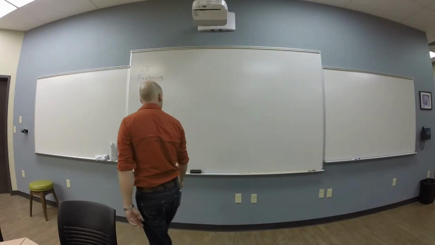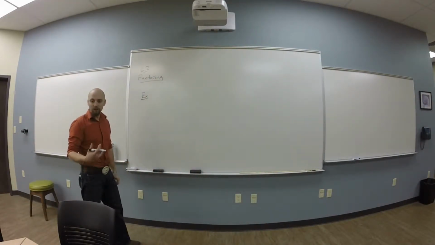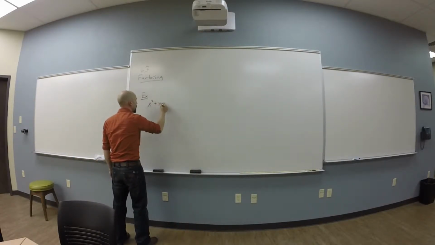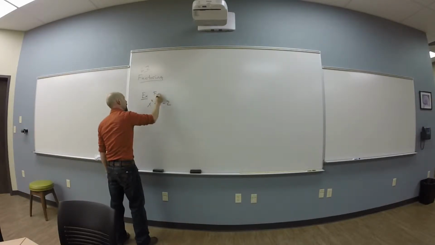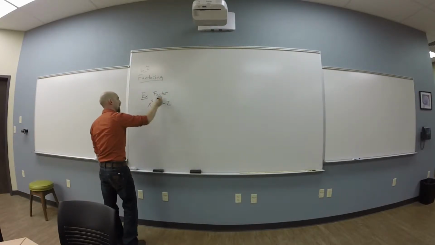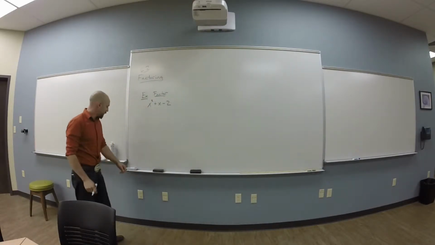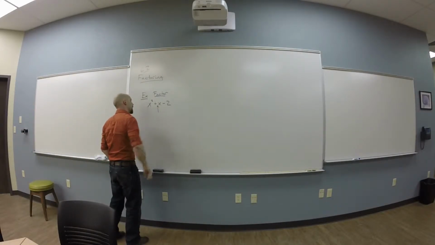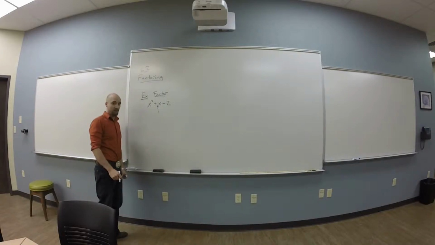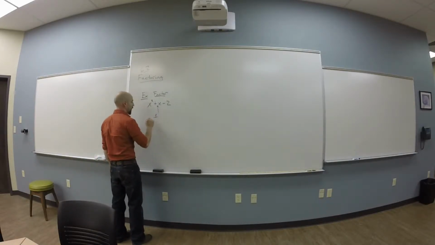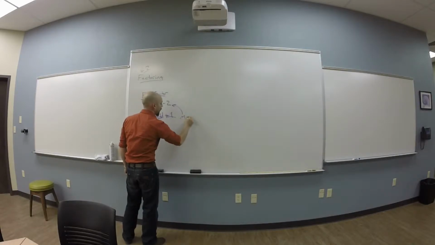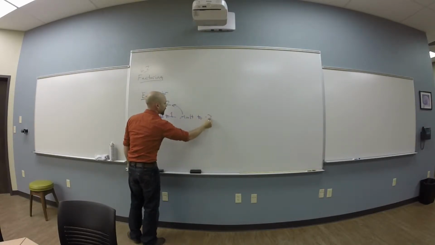Okay, so let's have another factoring example. Say that I wanted to factor x squared plus x minus 2. When I get these, I look at the b term, that's a 1, and I need to add to 1. And I look at this term and think, multiply to negative 2.